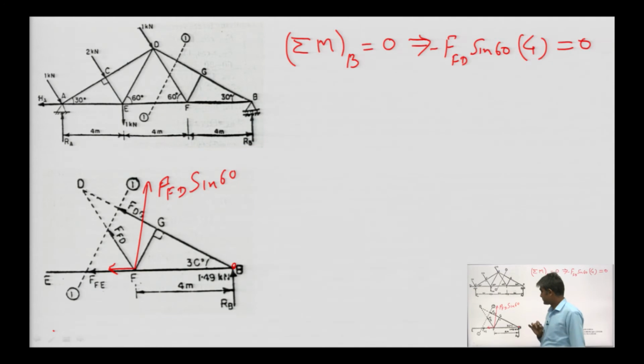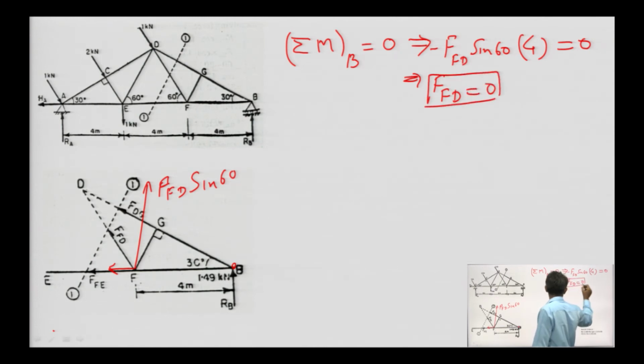I have told you why. So, the value of F_D comes to be 0, which means this member does not carry any force.